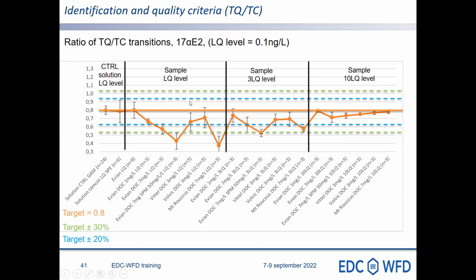Here you have a flow chart, I will name it like that, of the ratio of TQTC transition for 17 alpha estradiol at the QC at 0.1, and here we show you the evolution of the ratio over time and among different series of validation in a method.